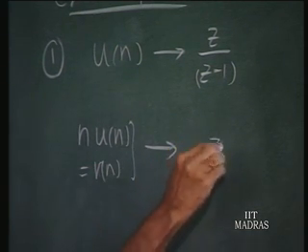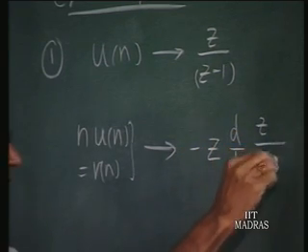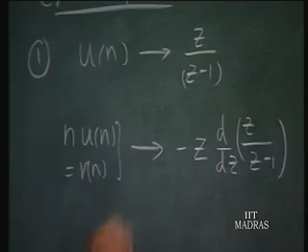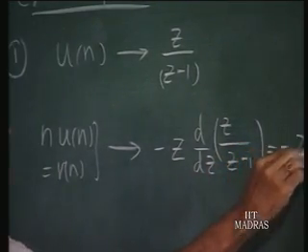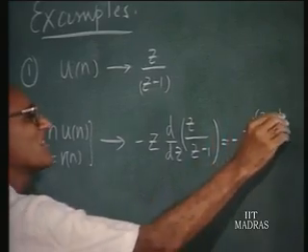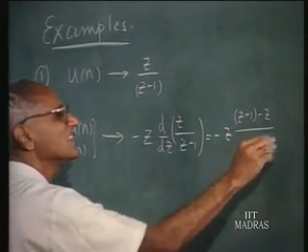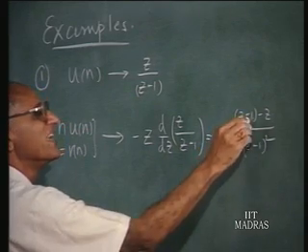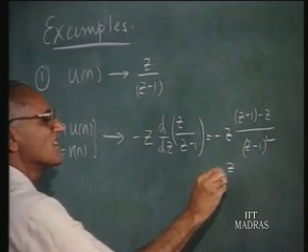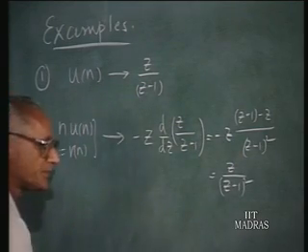This is minus z d by dz of z upon z minus 1. So that will be equal to minus z times z minus 1 times the derivative of this minus z times the derivative of this divided by z minus 1 whole squared. Therefore, this will be z upon z minus 1 whole squared, a result that we already know.